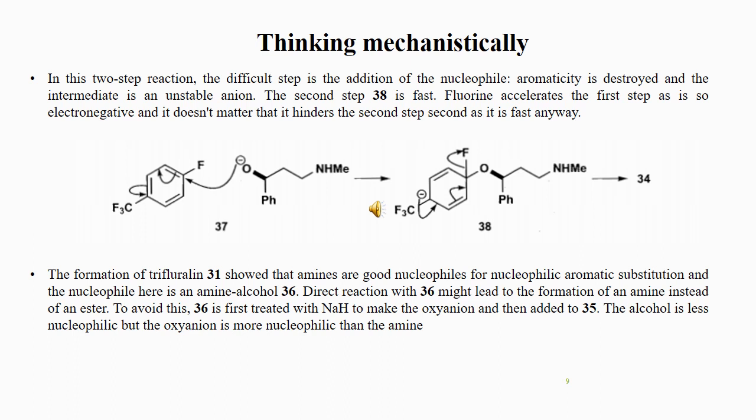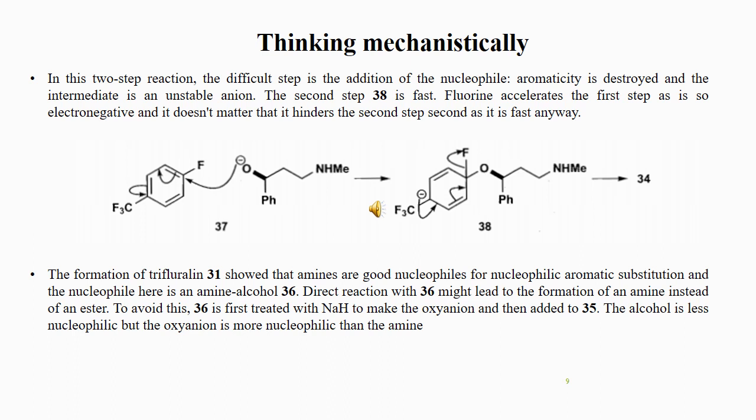So if it is attacking, the intermediate would then be a bit stabilized due to the electron withdrawing nature of the fluoro. The intermediate which is formed is an unstable anion, but due to the electron withdrawing effect of fluoro, that will be less unstable if there is a fluoro substituent.